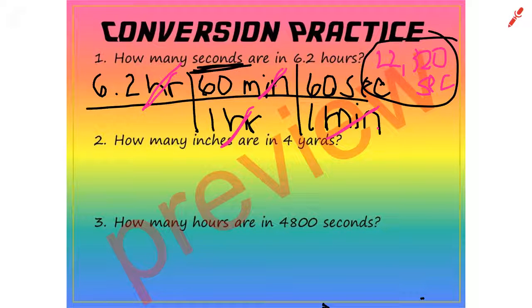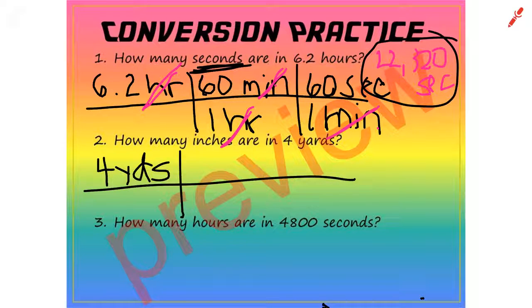So let's see how you did. Okay, so how many inches are in 4 yards? So you write down what they give you. They give you 4 yards. Okay, so your conversion factors are on that first sheet there. So in 4 yards, what do we know about a yard?